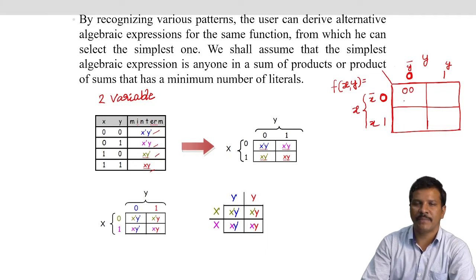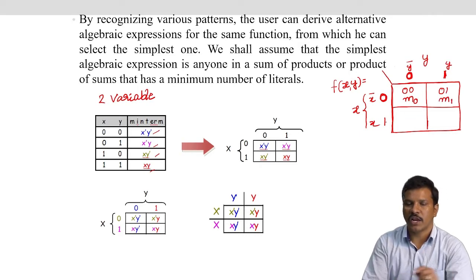So we represent a minterm m suffix j, where j is the decimal number equivalent of this combination, as small m suffix 0. And with the first row x bar, 0, and y column 1, we get 0 1, which is represented as minterm m1.